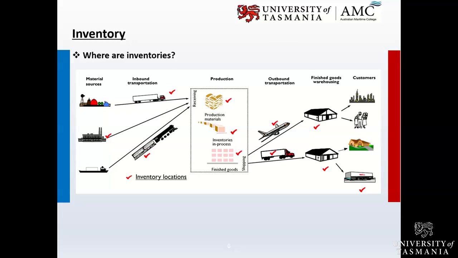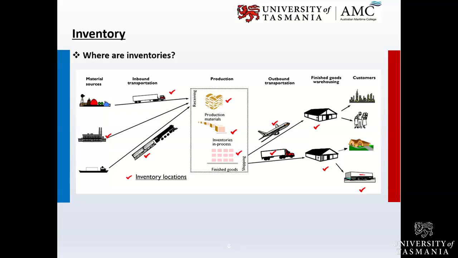Raw materials can be kept in a mine or a factory or import port. Raw materials are transported from origin to a manufacturer, and we look at the inbound transportation.